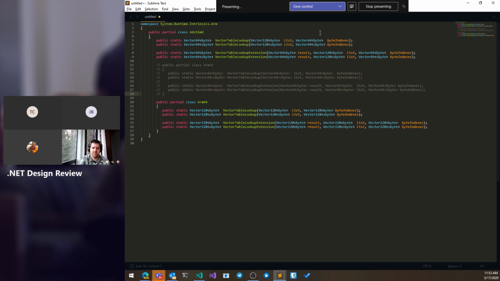Right, are we happy with that then? I'm not sure I like the name list, but I'm not sure I've got a better option either. And likewise with result. Are these basically just a gather operation?